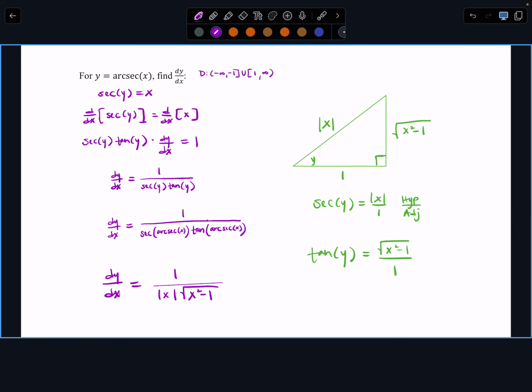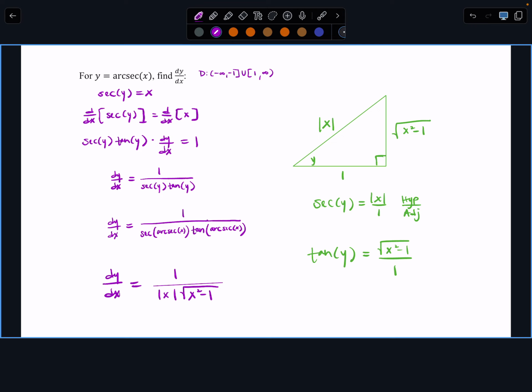Now my other justification is if we didn't put those absolute value bars, like let's say that we just let this simplify to x, then if we were inputting values that are in the domain of arc secant, couldn't your derivative dy over dx be either positive or negative depending on the sign of x?